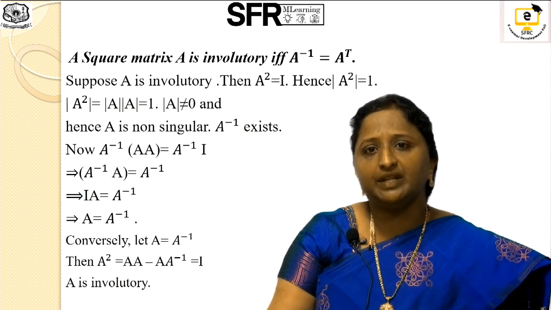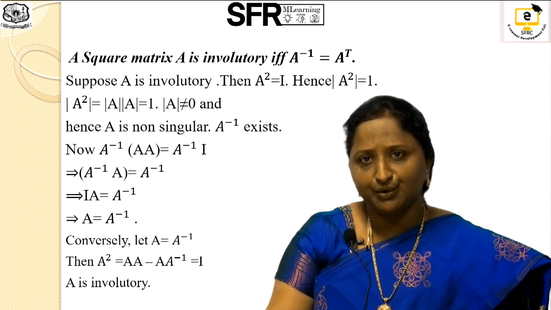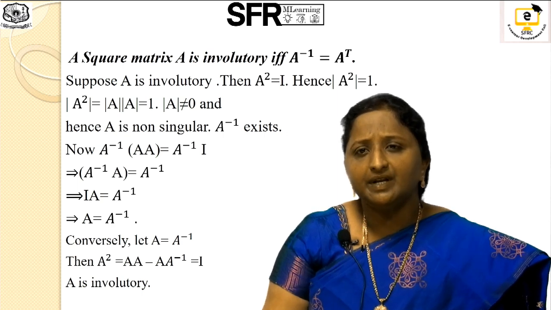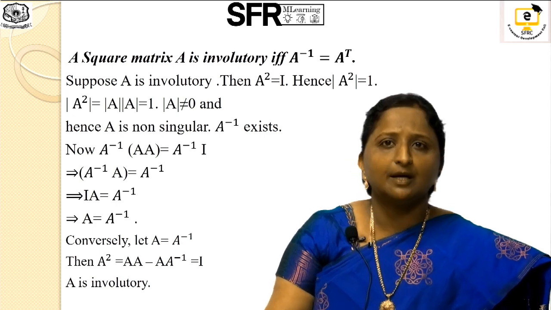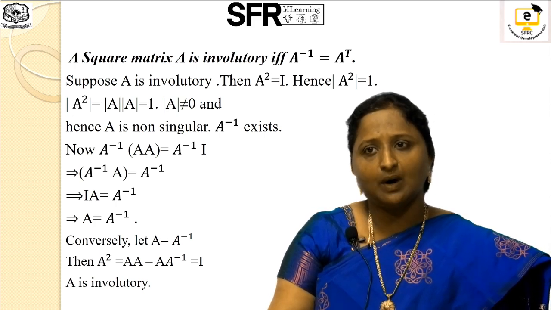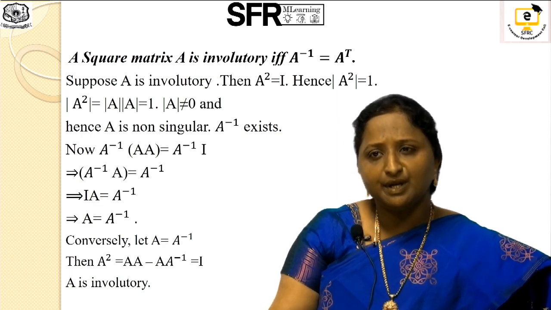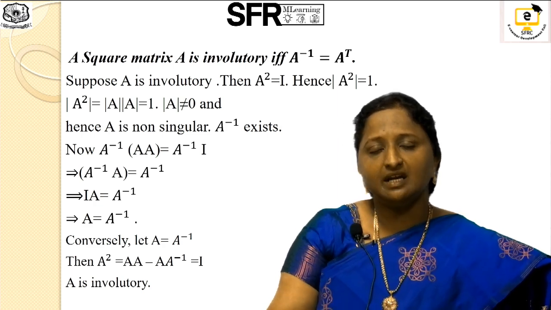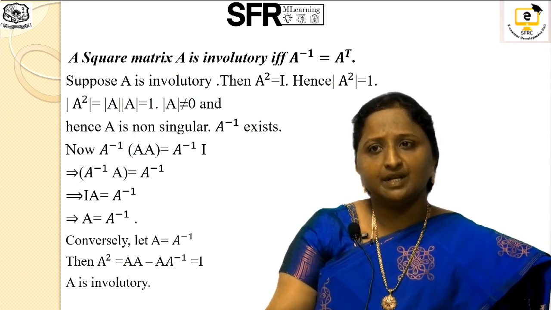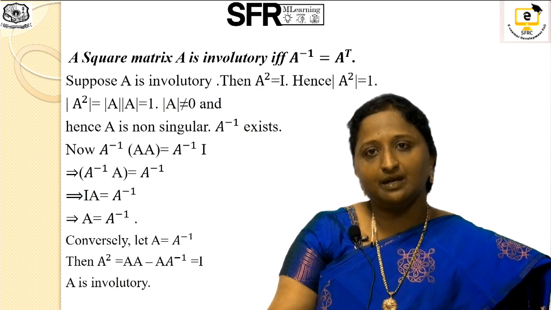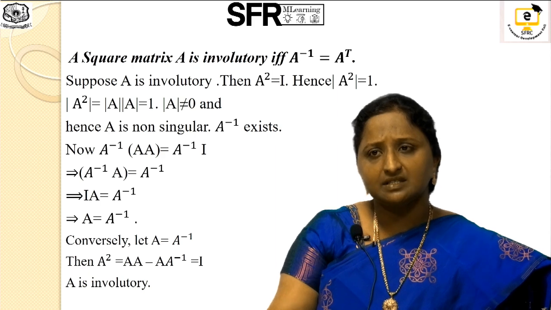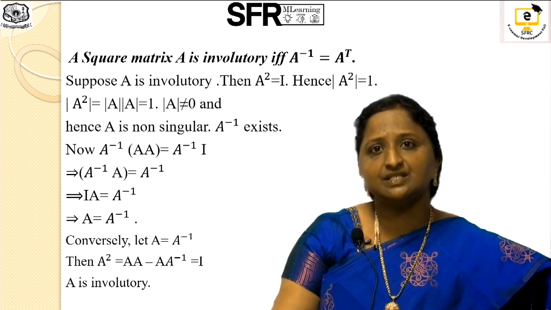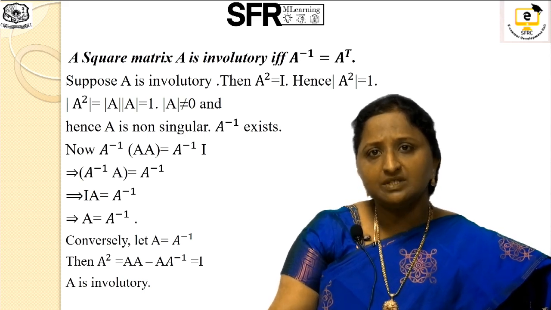We all know that if determinant A is not equal to 0, it is a non-singular matrix, then the inverse exists. Again, suppose A is involutory, A squared equal to I. So determinant of A squared is determinant of A into determinant of A, which is 1. Since the determinant is not equal to 0, A is non-singular, so the inverse also exists.